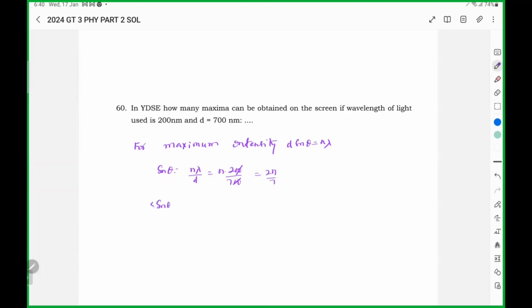We know that sine theta lies between minus 1 and 1, so the integral values lie in between them.